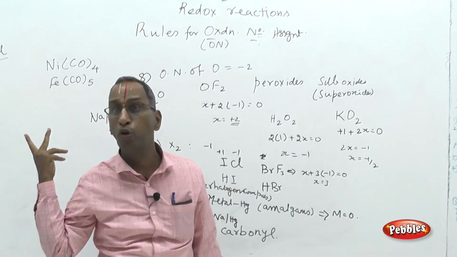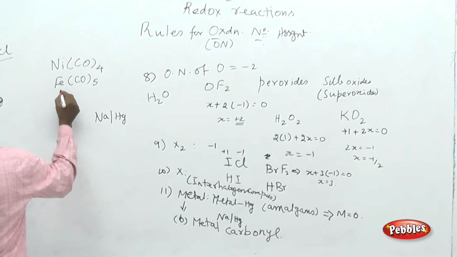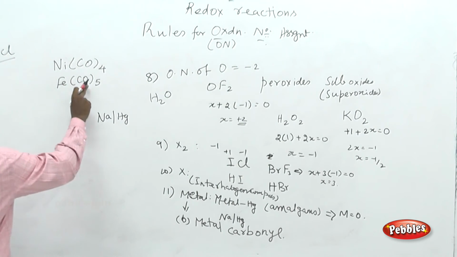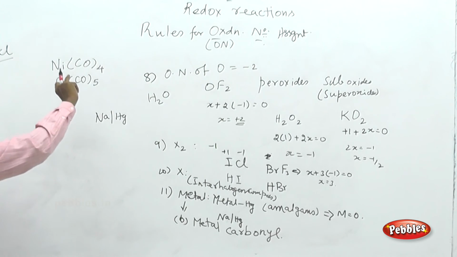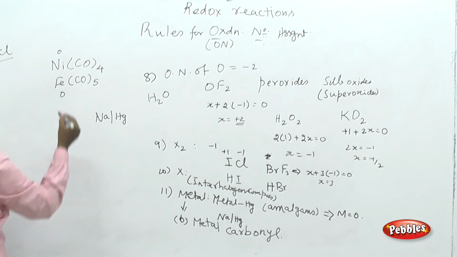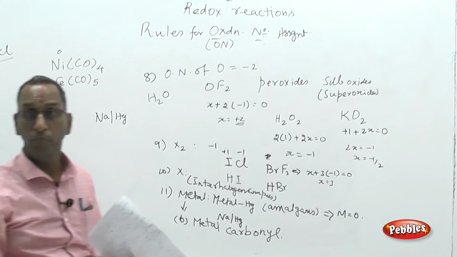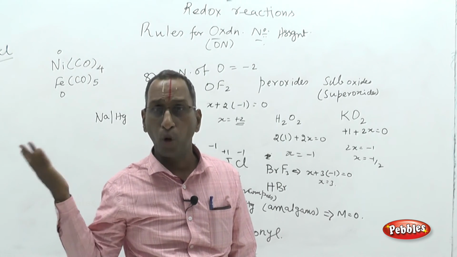In these compounds, once again, Fe(CO)5 cannot be split as Fe5 plus and (CO)5 minus, not like that. Ni(CO)4 cannot be split as Ni4 plus and (CO)4 minus. So in all these cases, the oxidation state is only 0. It is a covalent compound. Metal compounds are generally ionic, but this is a covalent compound.